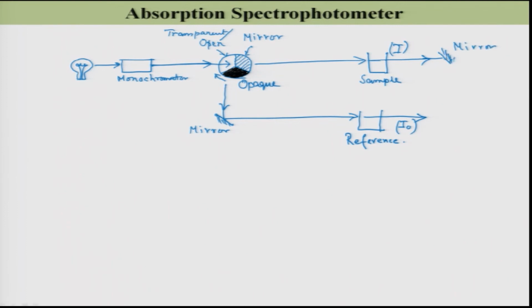So, you reflect this light in this direction, right, and then you use another such device where one part is opaque, another part is mirrored, and another part is transparent, like this.